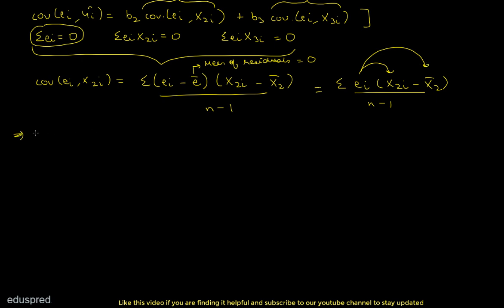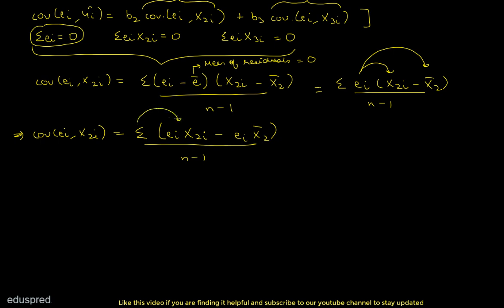This implies that the covariance between ei and x2i is equal to summation of ei multiplied with x2i minus ei multiplied with x2 bar divided by n minus 1. Now I can apply the summation to this and the summation to this. So this implies that we get summation of ei x2i minus summation of ei x2 bar divided by n minus 1.